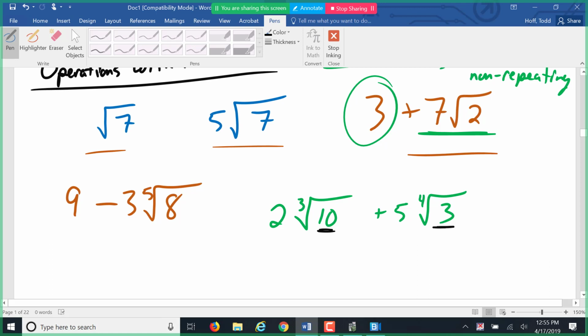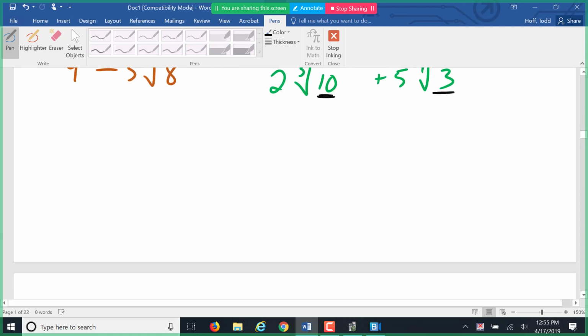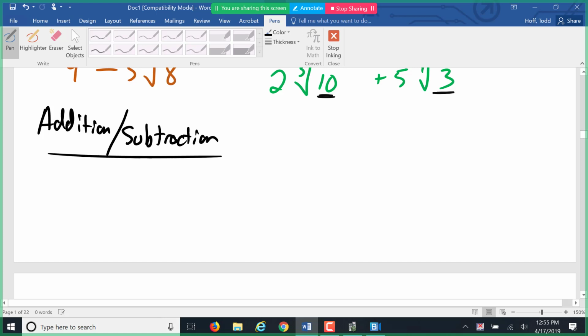So to combine radicals with addition and subtraction. If you go all the way back to that first day where we talked about whole numbers and addition and subtraction, remember, to combine numbers with addition and subtraction, they must have the same name.